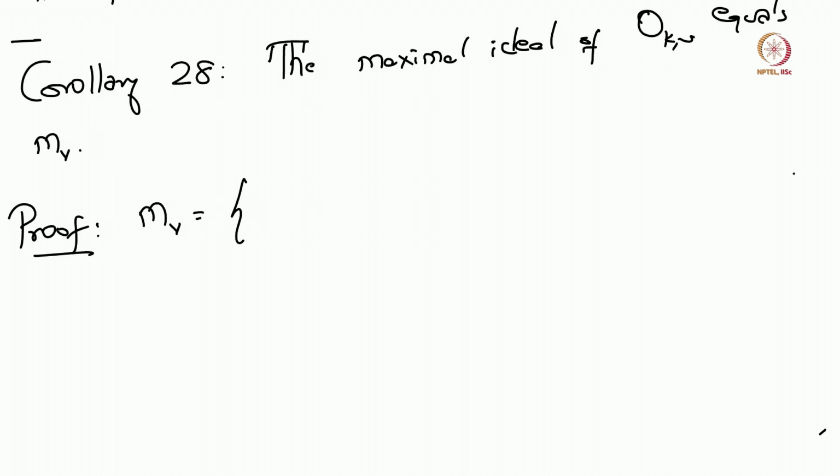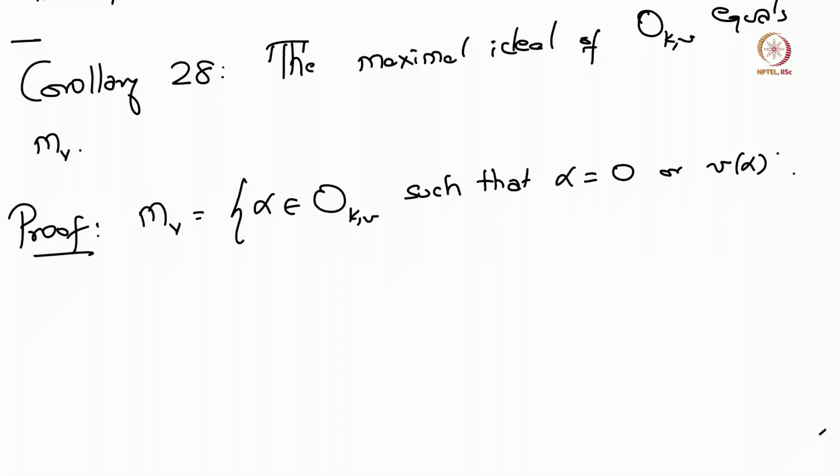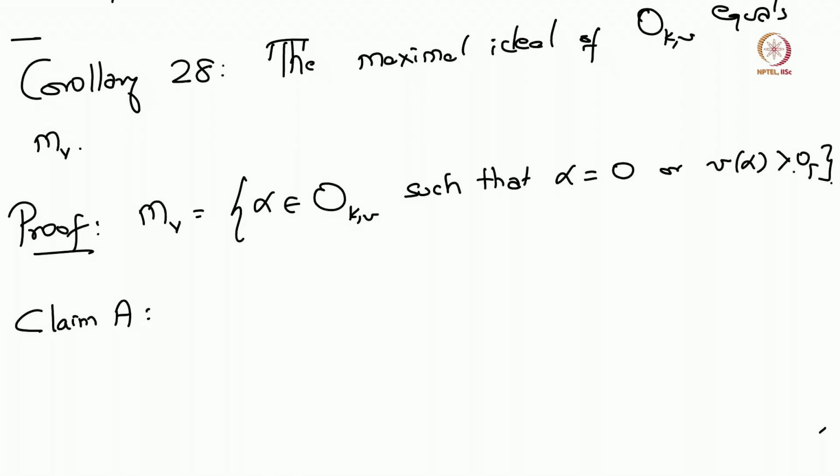MV was all the elements of the valuation ring OKV such that either the element alpha is 0 or its valuation is strictly larger than the identity element of gamma. Okay, so the first thing we'll show is that this set is in fact an ideal of OKV.